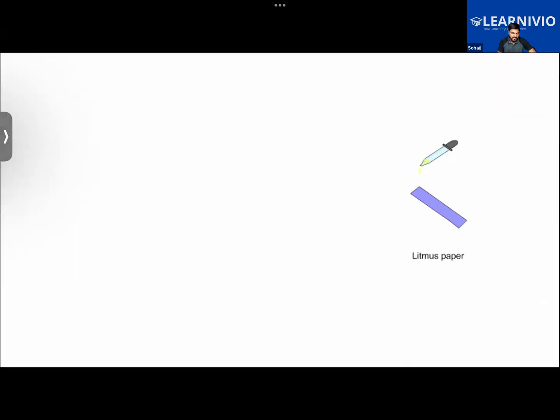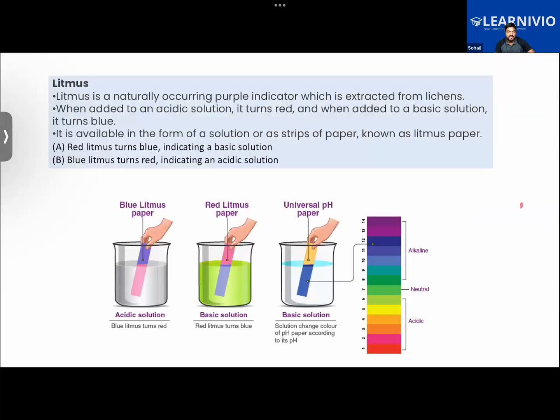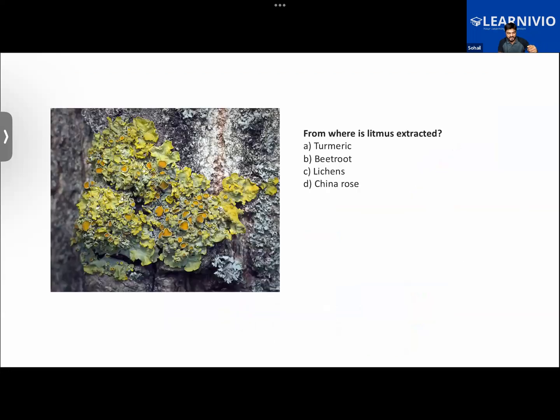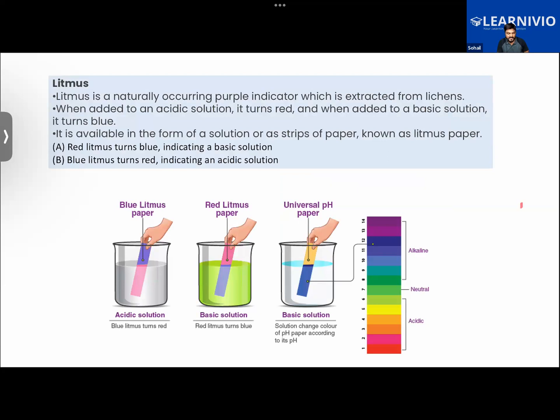We take the lichen, dry it, process it, and make it into strips of paper. Litmus is a naturally occurring purple indicator. The natural color of litmus is purple. Later on, for convenience, it is dyed red and blue.